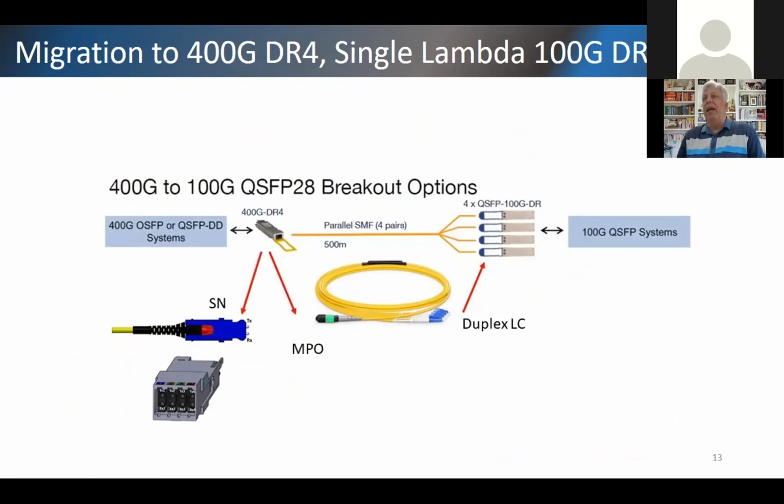It's going to go down a four-pair parallel single mode fiber, and we're going to be able to break that out into four separate single lambda 100 gig transceivers on the other end. The cable itself will be an MPO12, and then it'll be four duplex LCs on the breakout side.